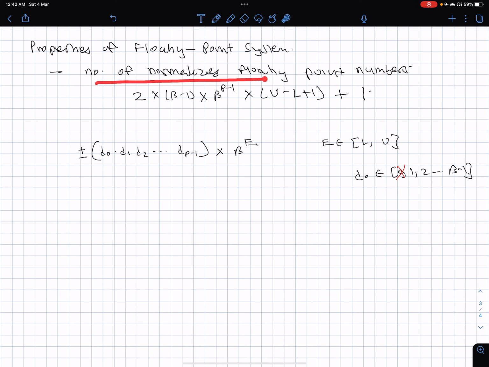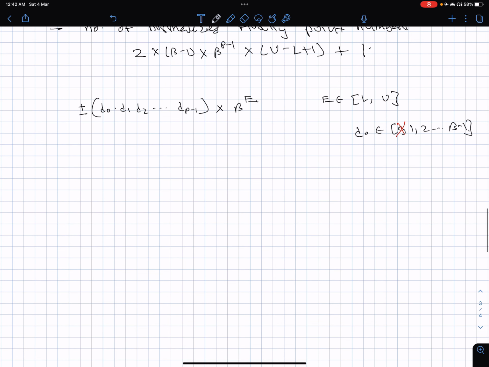This means that the number of normalized floating point numbers, given a base and upper and lower limits on the exponent, is this. Anything lower than this and anything bigger than this cannot be represented in our system.